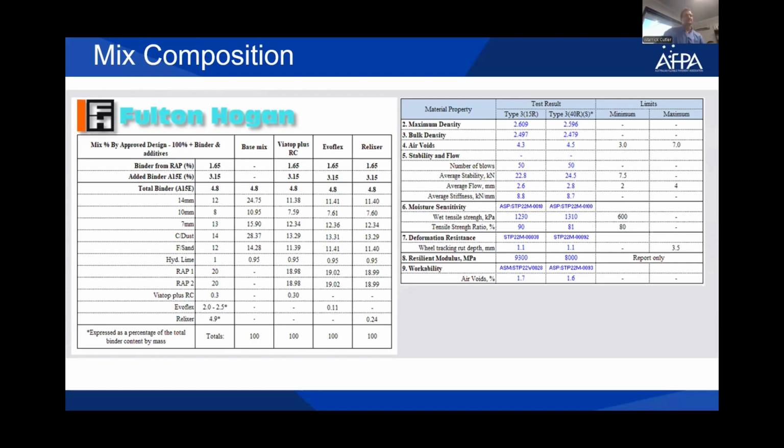On the right there, we've got the table showing the basic testing we were doing in the lab trials, a standard council type mix, showing really that the outcomes of a standard mix with the 40% RAP with rejuvenators came up quite well within the lab. On the left here is the composition of the 4 different mixes when you put it into 100% inclusive of all the materials, as most plant computer systems do these days.